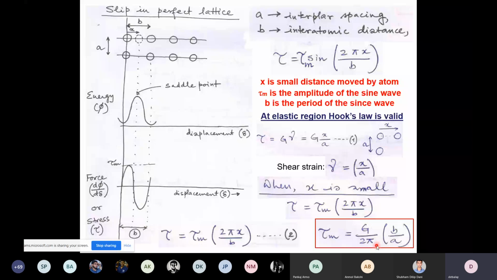How much stress do you need to apply to move that dislocation?